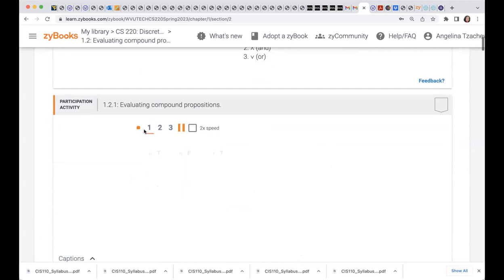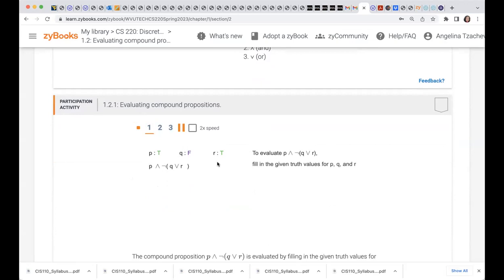So let's say P is true, Q is false, R is true. If we want to evaluate P and the not of Q or R, where Q or R are in parentheses, then this is what happens.